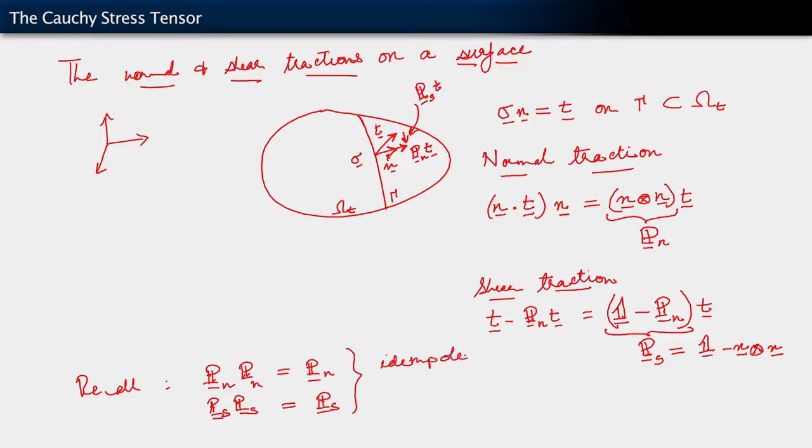And then we also have this condition that Pn times PS equals the zero tensor. So those two projections are essentially orthogonal projections. So this is orthogonal.